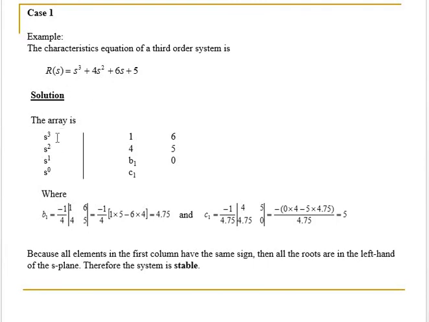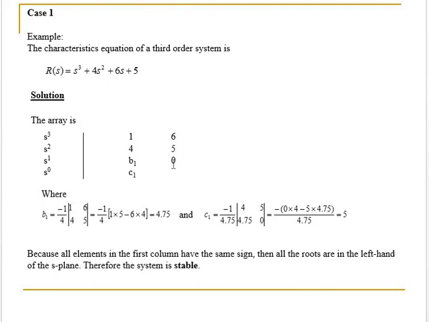The rows go from s^3 down to s^0. The first row is 1, 6. Then the second row is 4, 5. Then we should calculate b1 and c1.